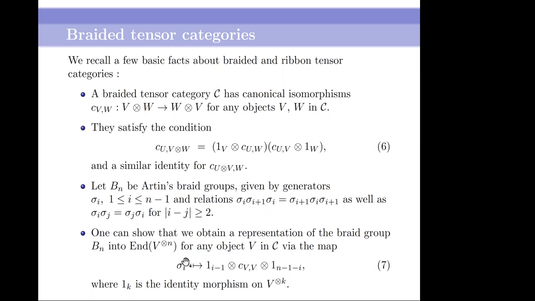And one can show that you can obtain a representation of the braid group on V tensor n for any object V in C by taking the following map. So C_VV will act in the ith position of these tensor powers, where I_k is the identity morphism of V tensor k.